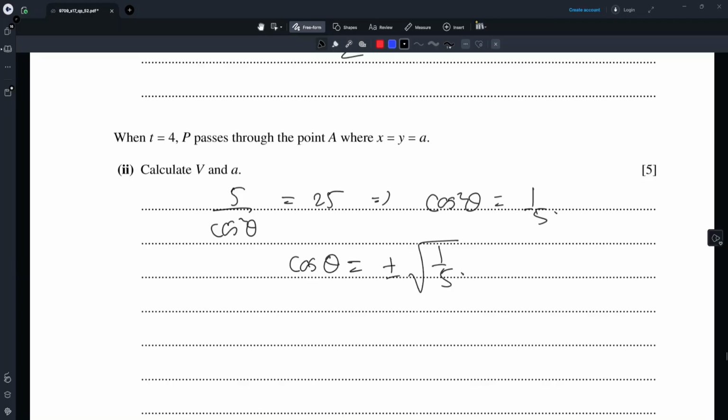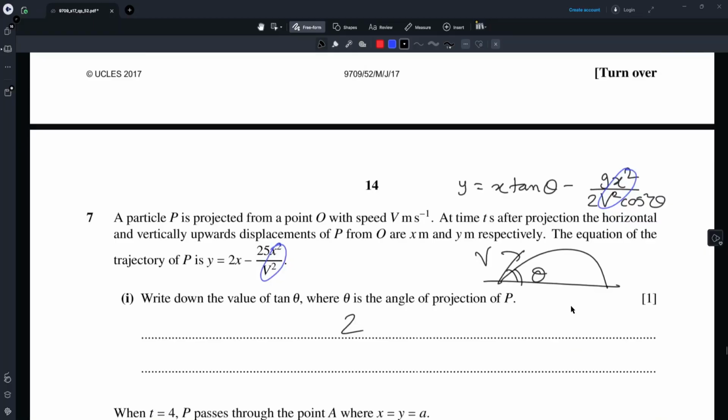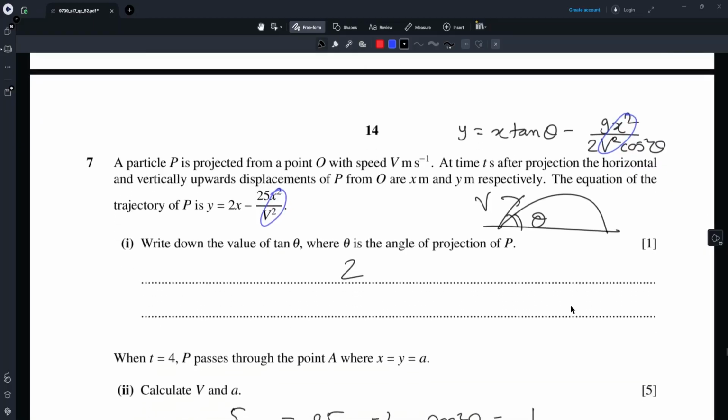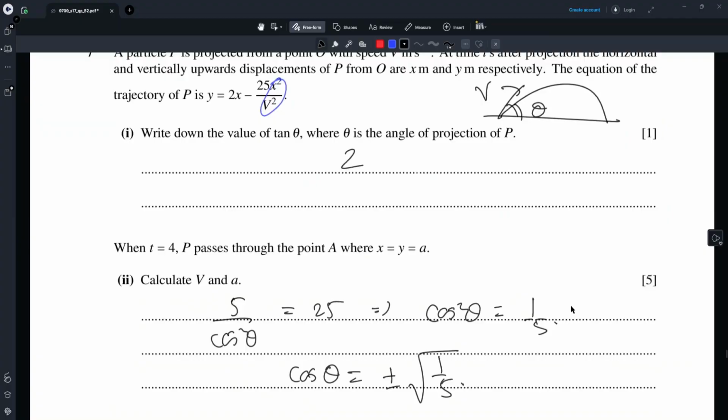Now, because we want cos to be positive, and theta is supposed to be the angle of projection, usually we consider it to be acute.